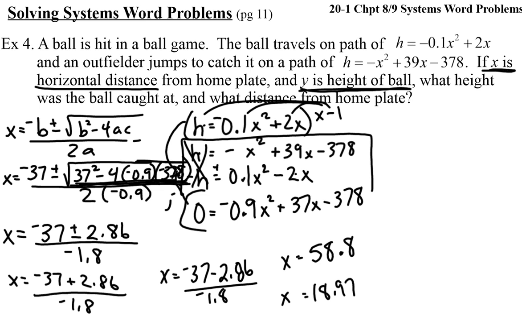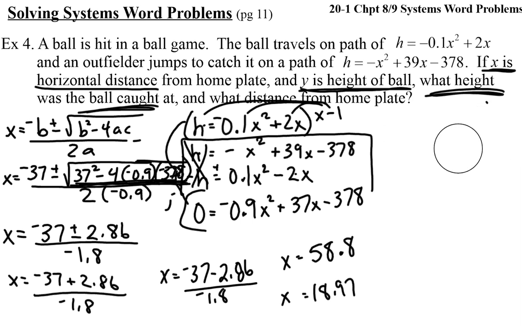Have we answered the question? What height was the ball caught at? Height is y, so we need to get the y's. For the first y, I need to substitute into one of the original equations. My y, or height, would be negative 0.1 times 58.8 squared plus 2 times 58.8. Sorry, I'm running out of room here.